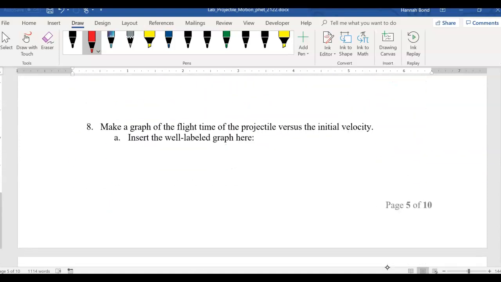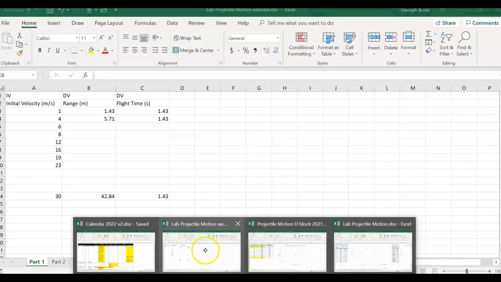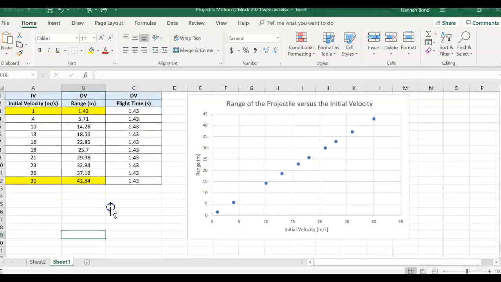Then in step 8, it asks us to make a graph of the flight time of the projectile versus the initial velocity. So I'm going to go back to my original data.